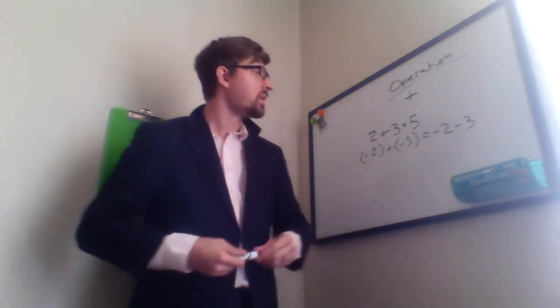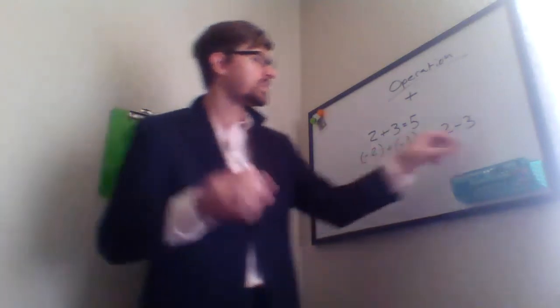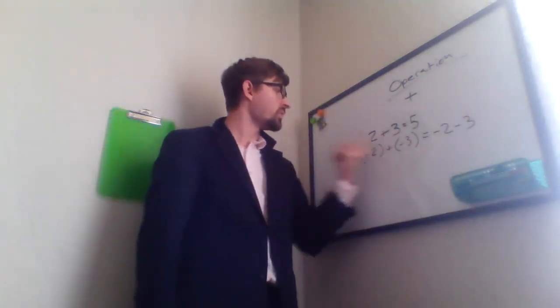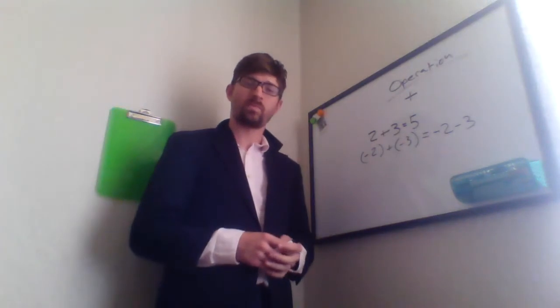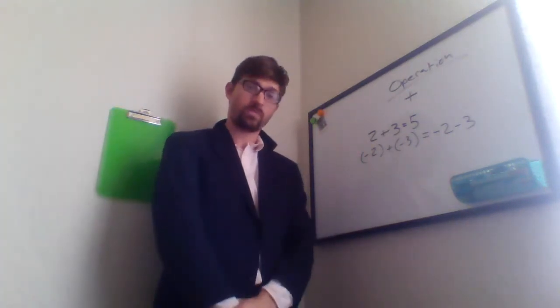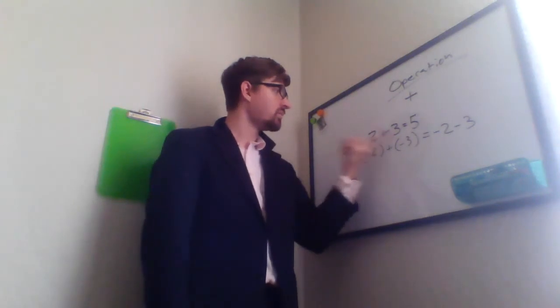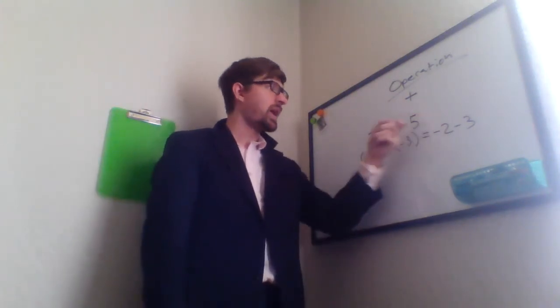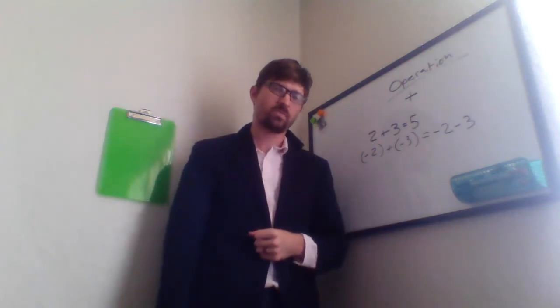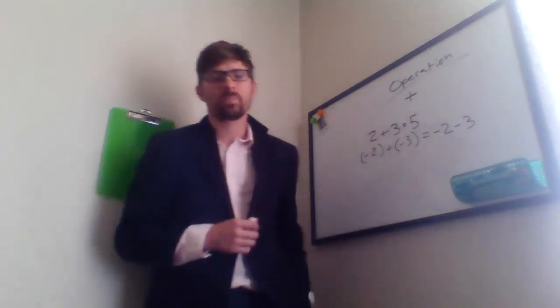All right, so let's look here. The 2 and the 3 are obviously positive, so they have what we call the same sign. With the same sign, we add the two numbers, and what's the sign in front of the 5? It's a positive.